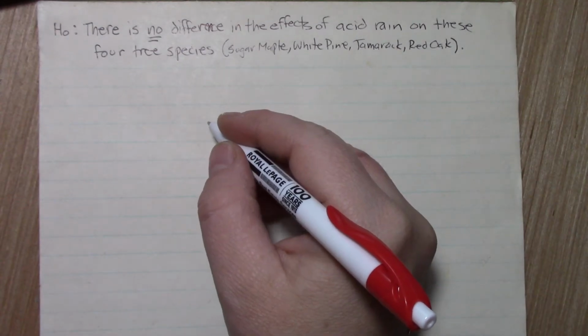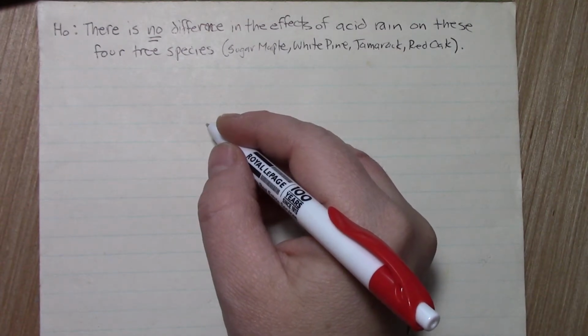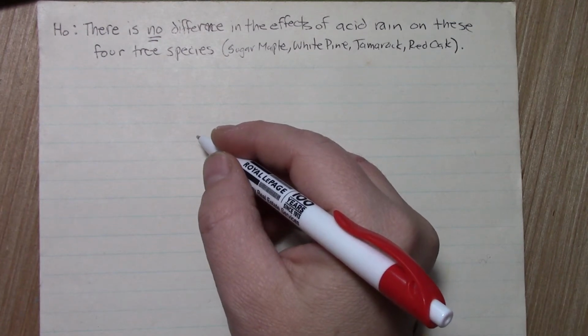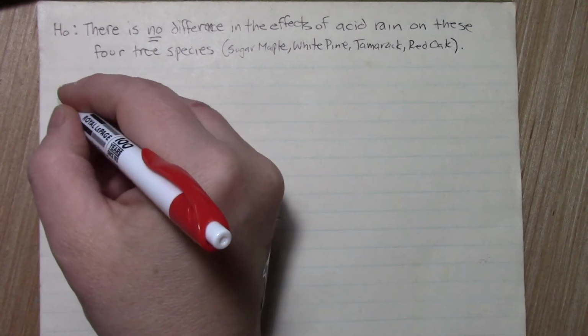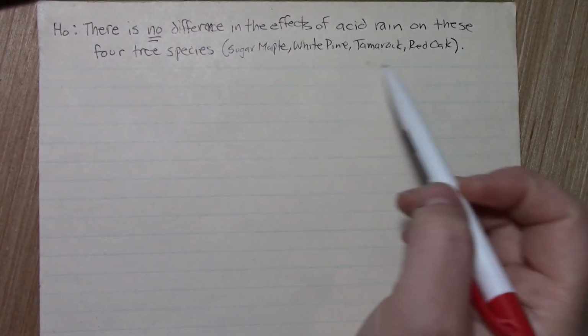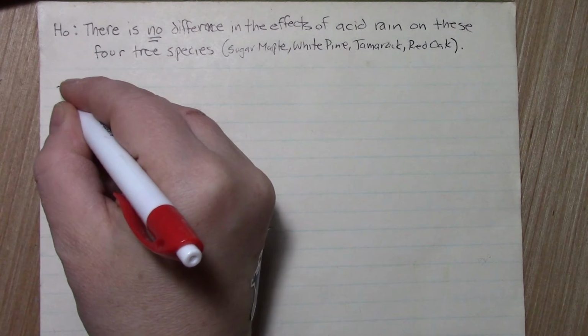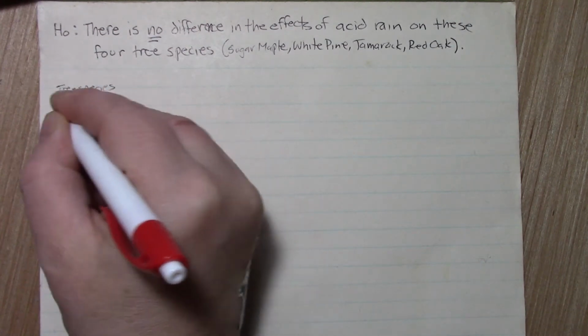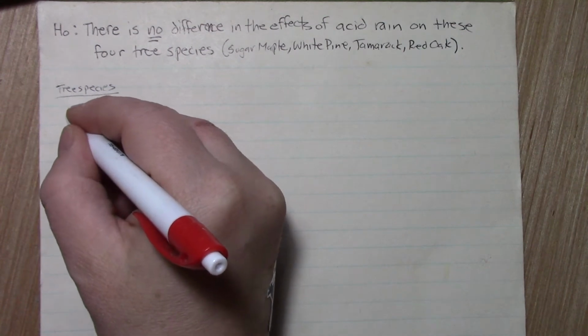The next thing we need to do is organize our data into a table where I can write observed and expected. So I only have one variable. The one variable I'm testing the effects on is tree species. So my one variable is tree species, and I'm going to write them down.